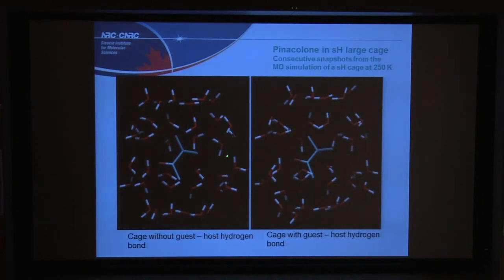And the guest molecule is just floating around inside the cage. It's not really close to anything. But in the next snapshot, you can see that there now is a short guest-host interaction. So at certain times, this guest molecule does form a hydrogen bond. And you must remember, this is not a real experiment, this is a simulation.